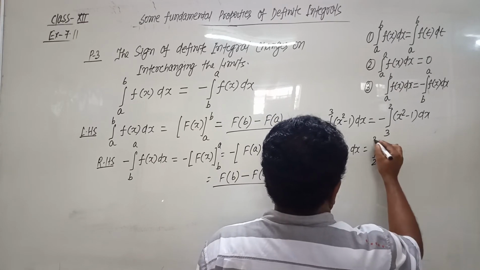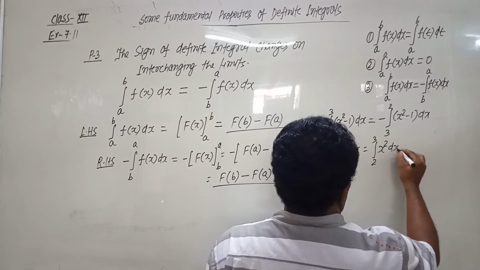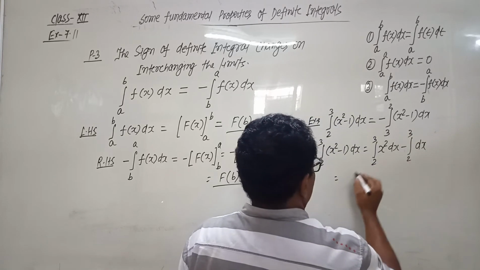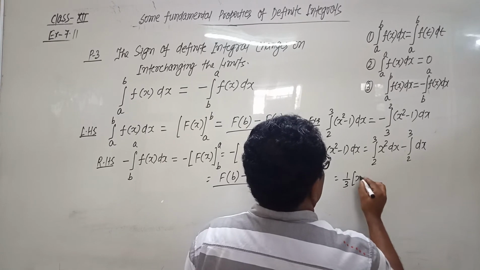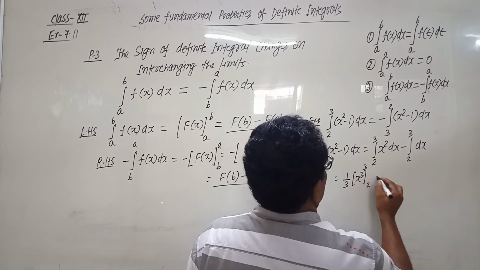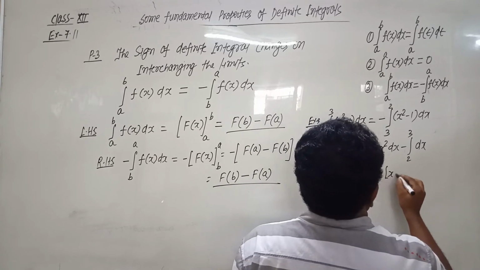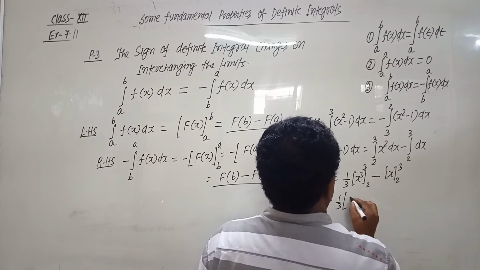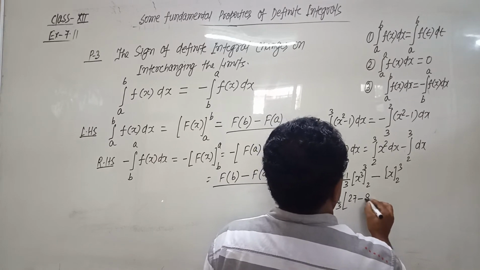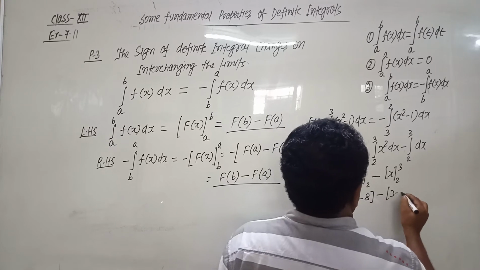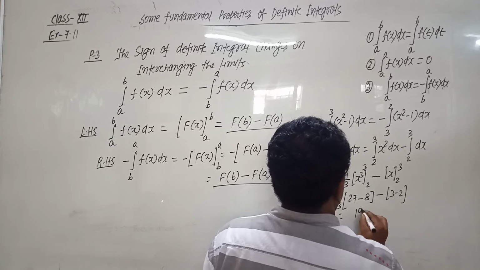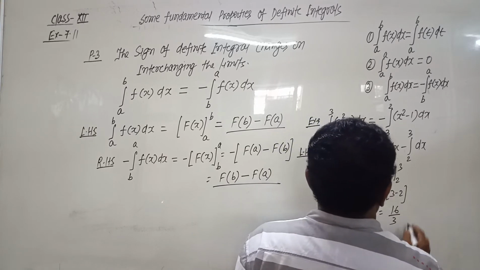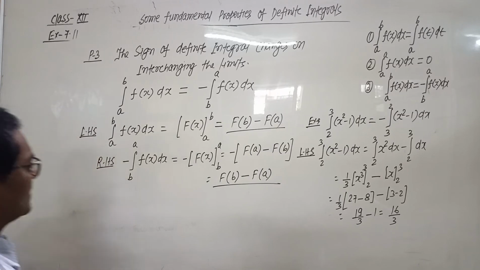Separate the terms: 2 to 3 x square dx minus 2 to 3 dx. So integration of x square dx is 1 by 3 x cube limit 2 to 3 minus integration of dx is x and limit 2 to 3. So 1 by 3, 3 the cube 27 minus 2 the cube 8, minus 3 minus 2. So we get 19 by 3 and minus 1 means 16 by 3. This is our LHS.